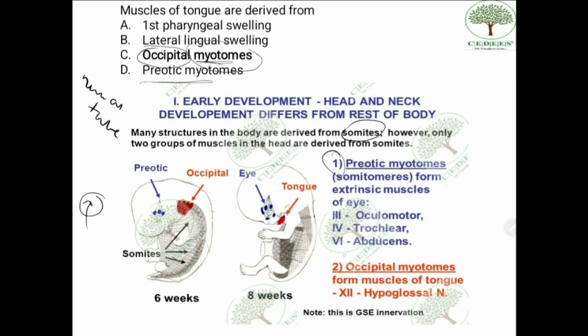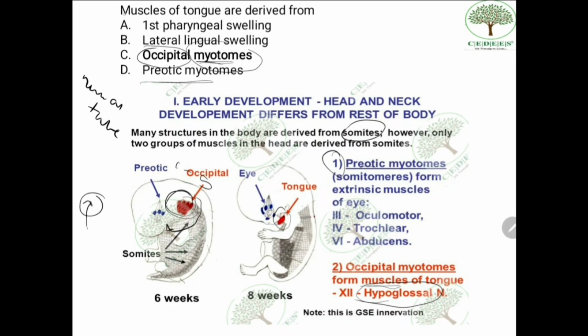They are initially present in the occipital region, about 1 to 5 in number, then migrate downwards towards the floor of the mouth and form the muscles of the tongue, innervated by the hypoglossal nerve. That's why all the extrinsic and intrinsic muscles of the tongue are innervated by the hypoglossal nerve.